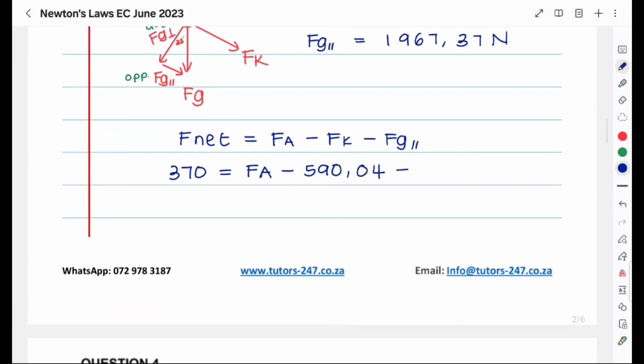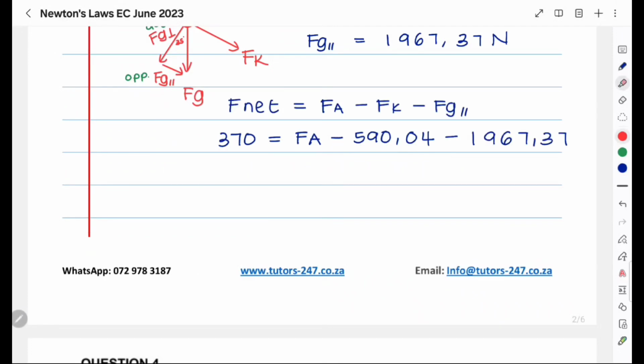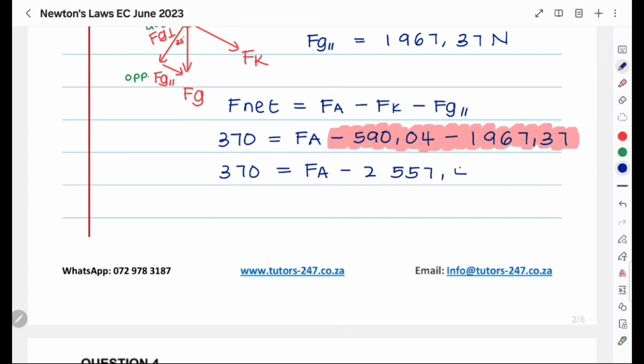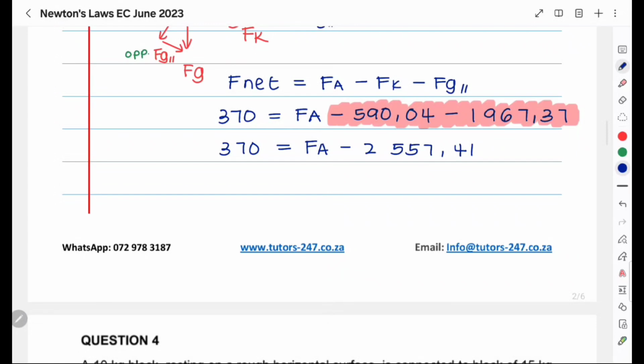From here, we'll take this value and substitute it. From here, we can put negative 590.04 minus 1967.37 into our calculator, and we end up with negative 2557.41. From here, we can take negative 2557.41 to the left, making it positive.